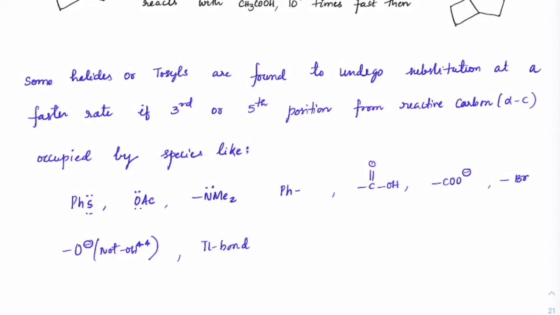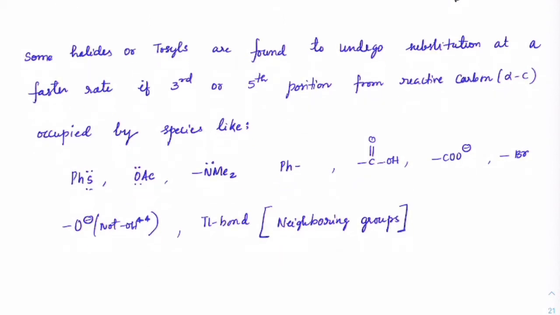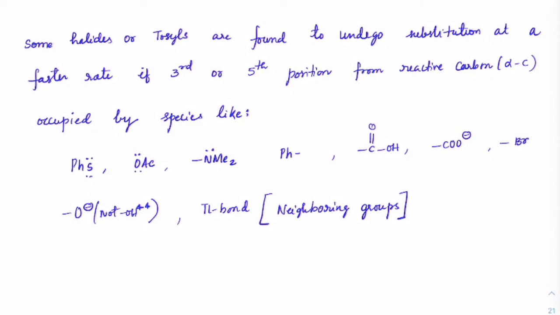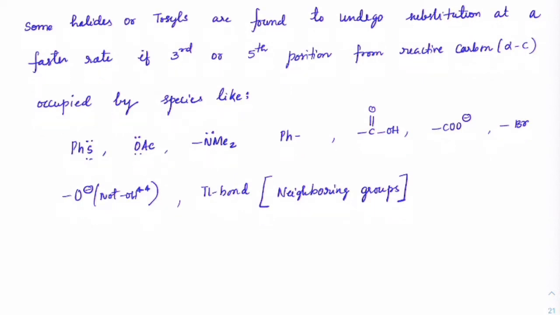Pi bond. So these groups which are connected at the third position or the fifth position are giving that extra assistance to increase the rate. So hence these are called neighboring groups, and because they are participating in the reaction, the type of mechanism is called neighboring group participation. Okay.